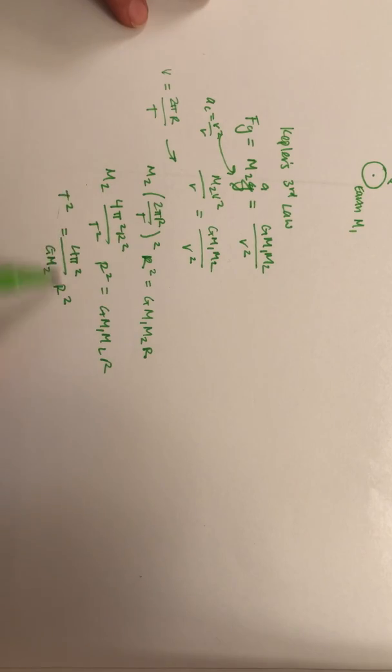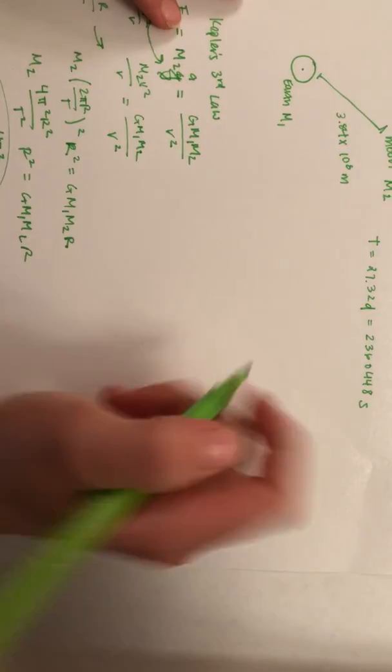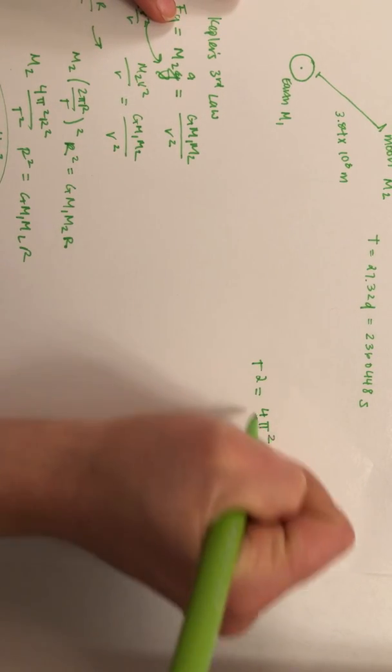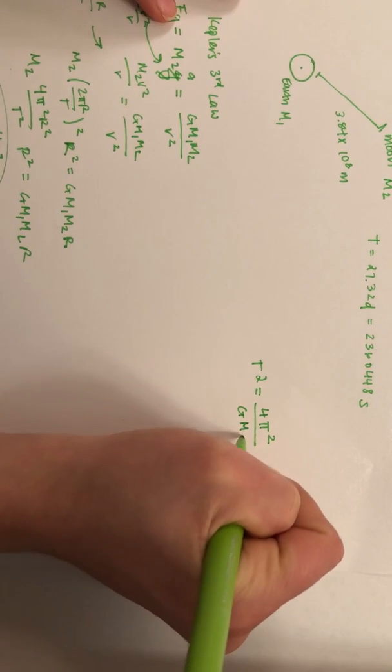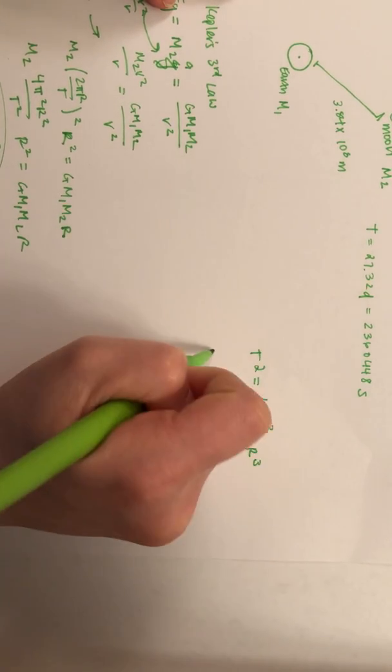So then we're going to use this to calculate the mass of the Earth. So T squared is equal to 4 pi squared over G m2 times r cubed. Move this over.